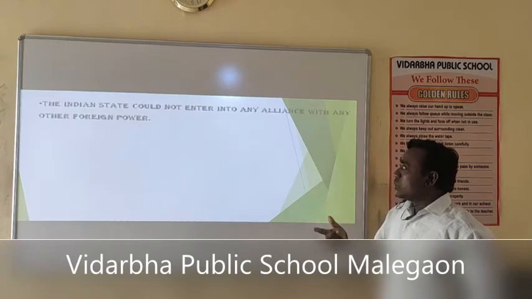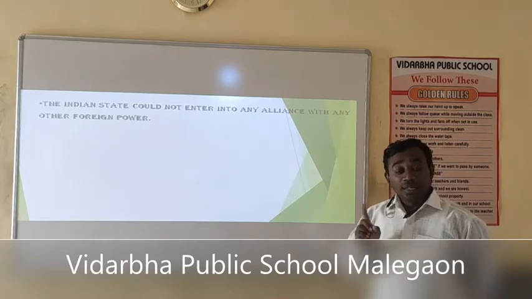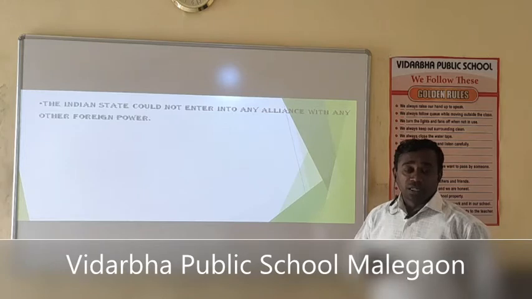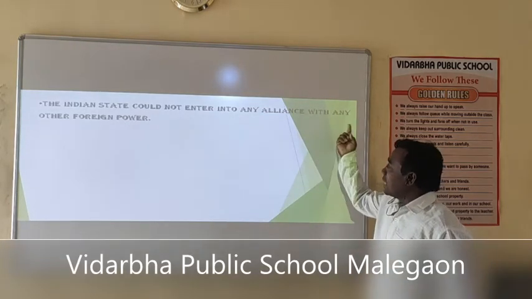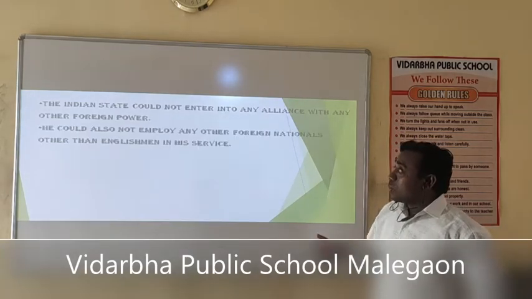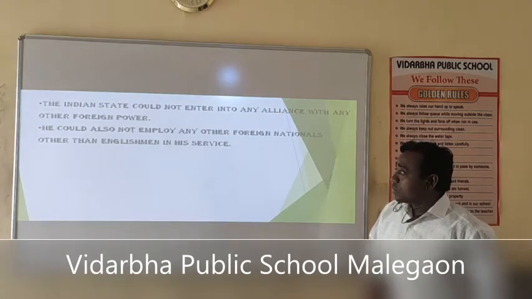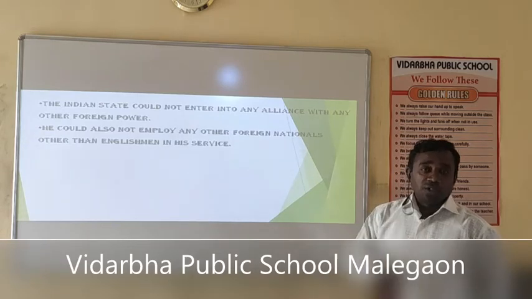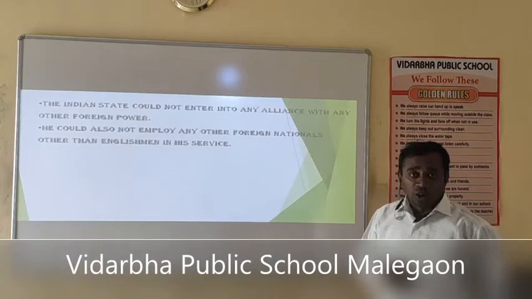So an Indian state could not enter into any other alliance. If it had undergone the subsidiary alliance with the British government, the British company, that state could not form an alliance with any other foreign power. Right? Or they could not employ any foreigner other than Britishers. If some other foreigner was in the office of the Indian ruler, he had to be discarded from the office.